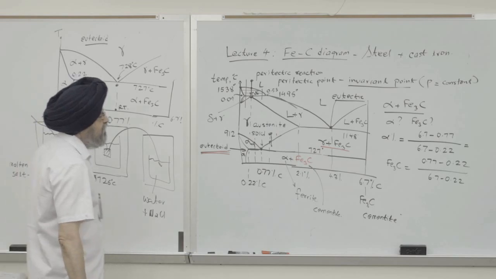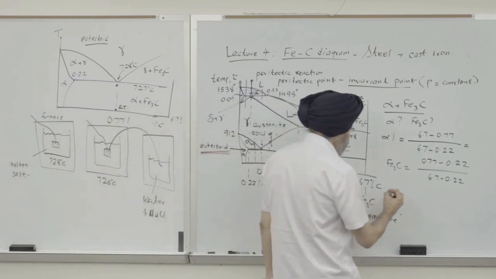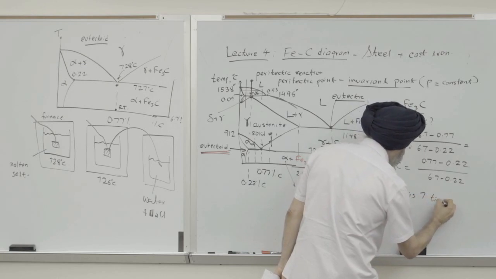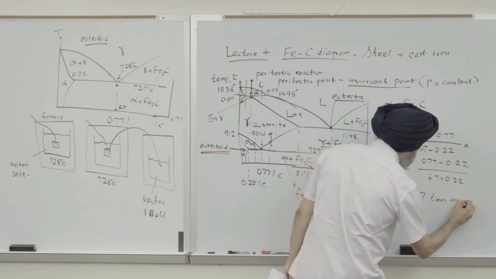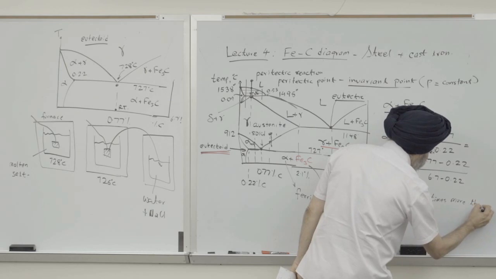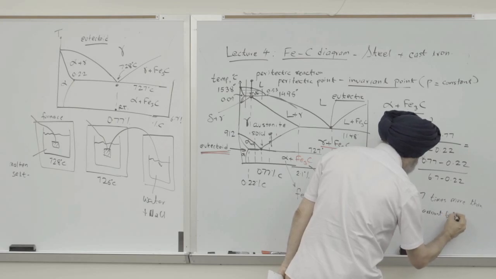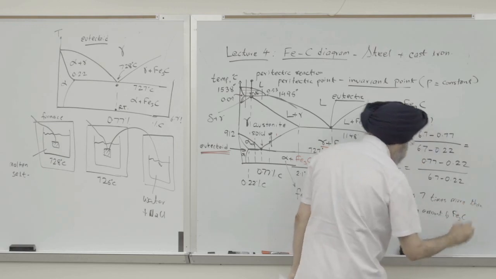So it turns out the amount of alpha is 7 times more than the amount of Fe3C.